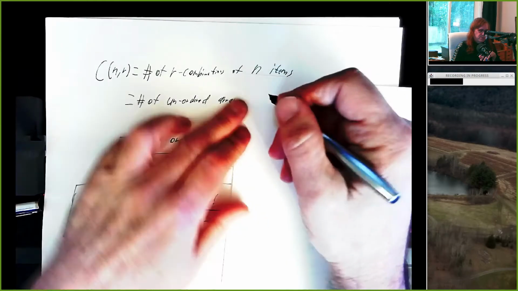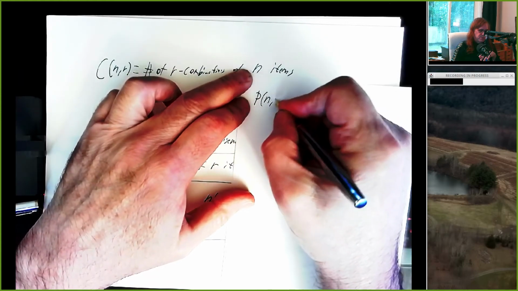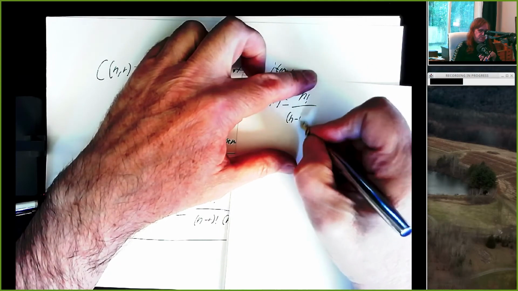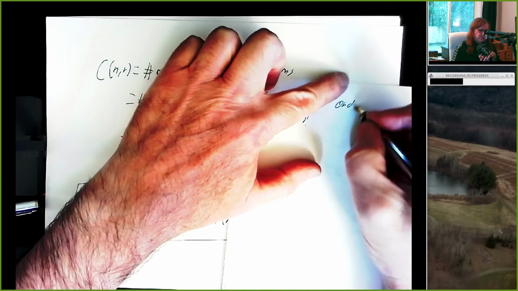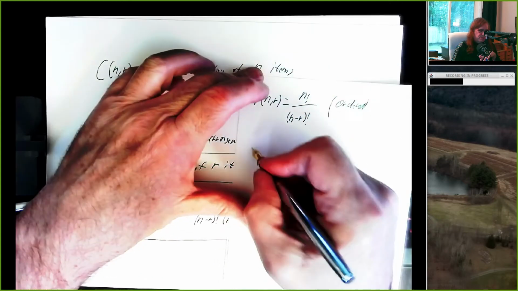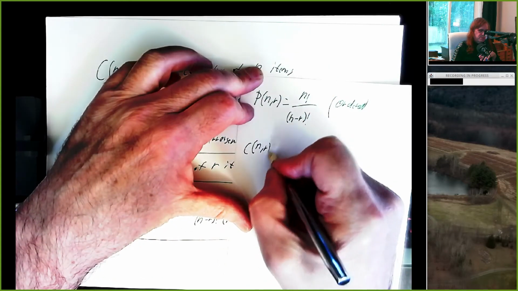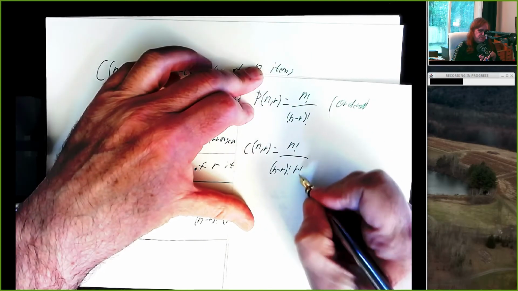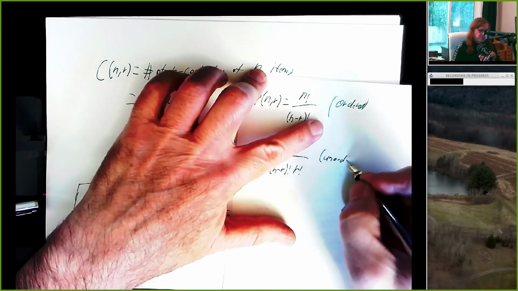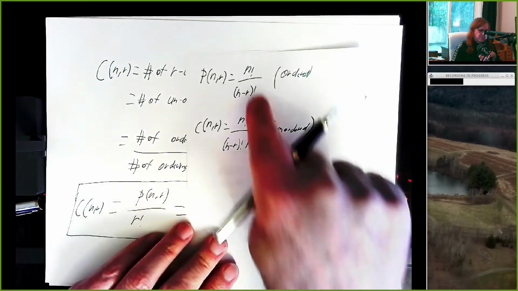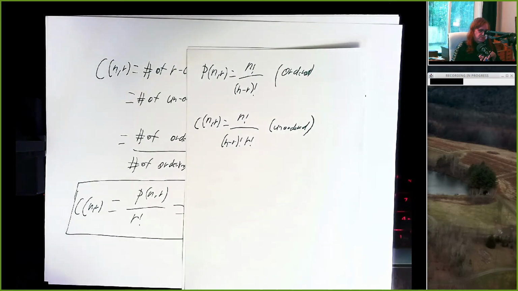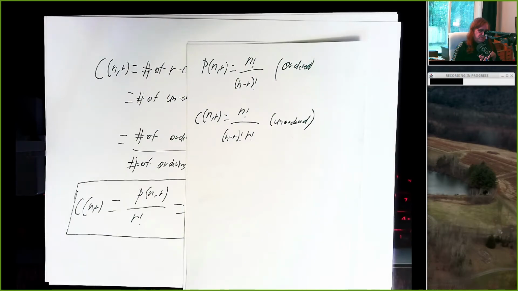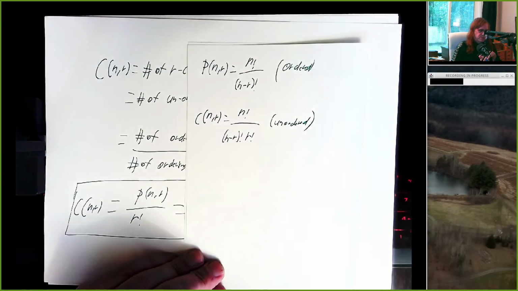So let me write these down so we can refer to them. Right, so ordered is n factorial over (n minus r) factorial. Unordered, we also divide by r factorial. That cancels out the multiple orders that are included in the number of permutations.